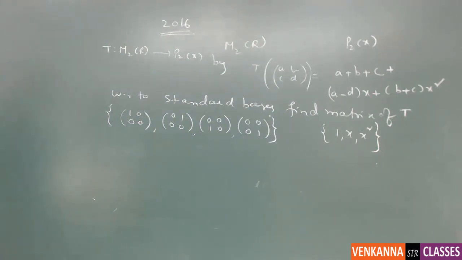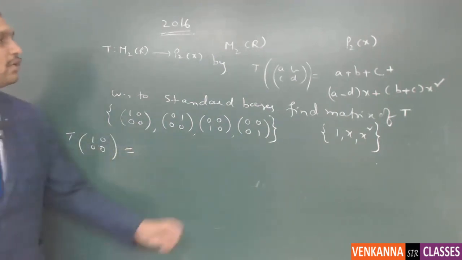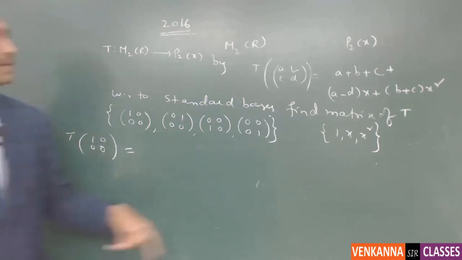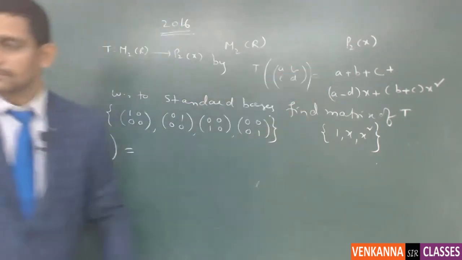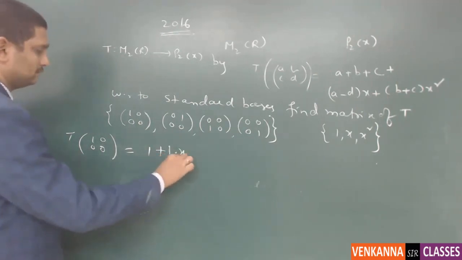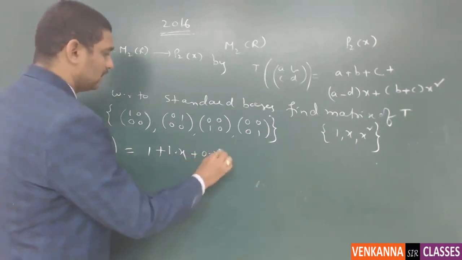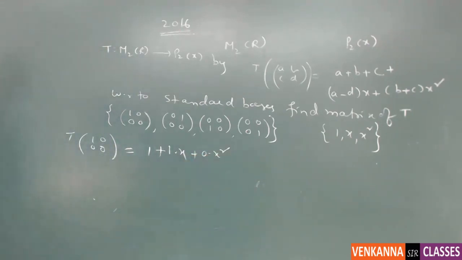Now let us do the usual procedure. So T of [1 0; 0 0]. Now you give me the image for this one. So (a plus b plus c), nothing but 1, plus (a minus d), 1, plus (b plus c), 0, into x square. Is it clear from that definition?